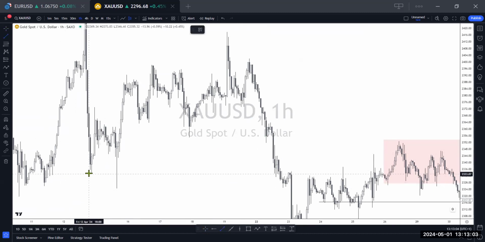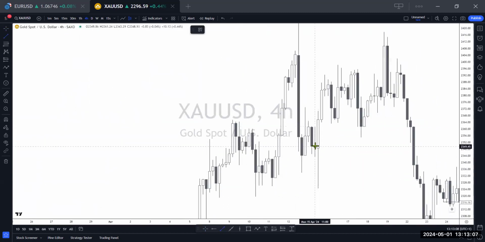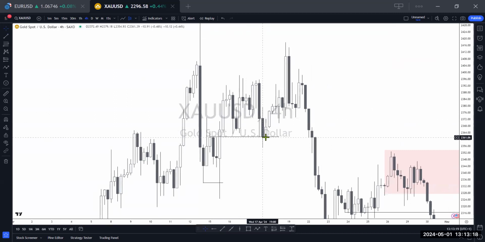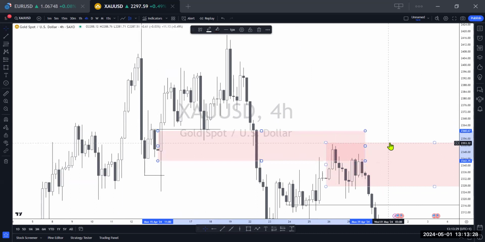Now see this level here. This engulfing right here took liquidity and broke this engulfing field. When price retraced, what did we see? We bought. That's why it's called controlling demand. When price breaks it, it is still that same engulfing price is going to use to continue to sell.